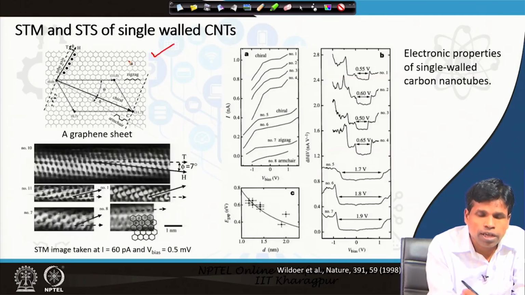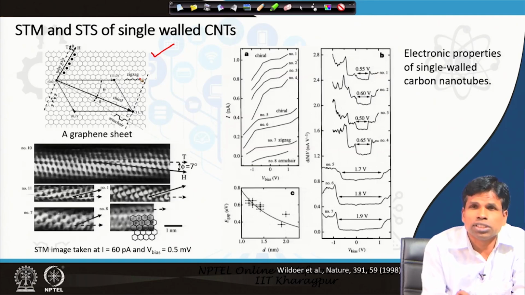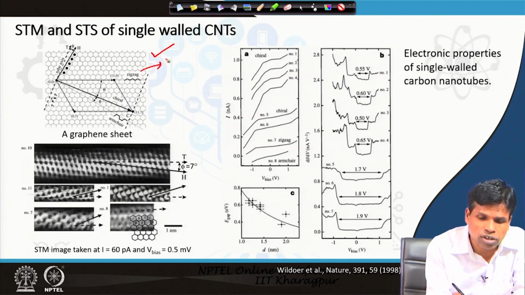which has hexagons, and depending on the rolling, it can be zigzag. For the nanotube, we know the chiral vector Ch is equal to nA1 plus mA2.